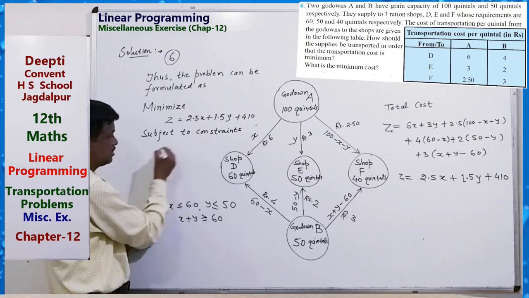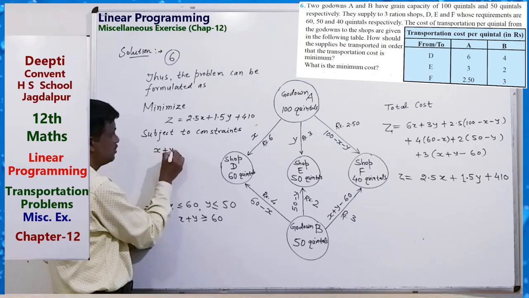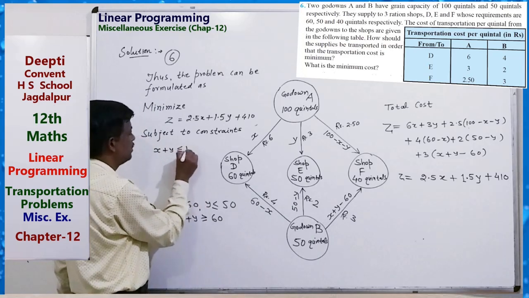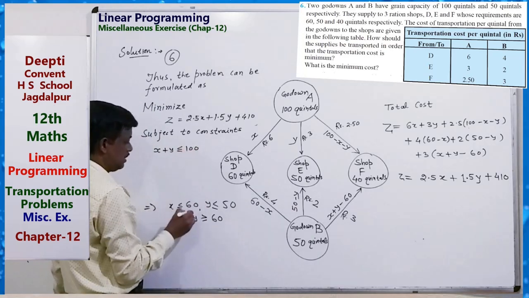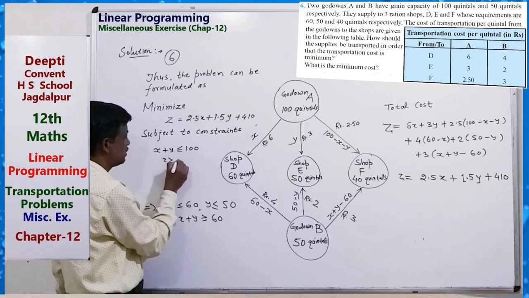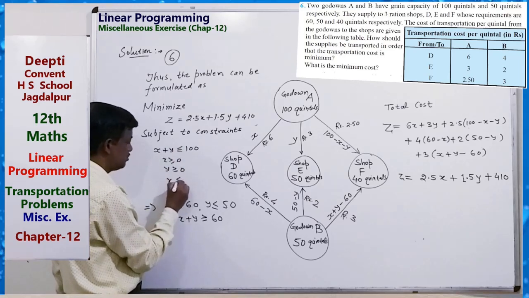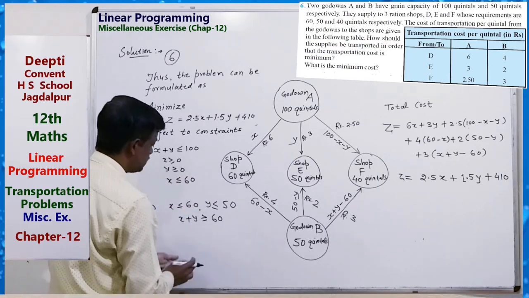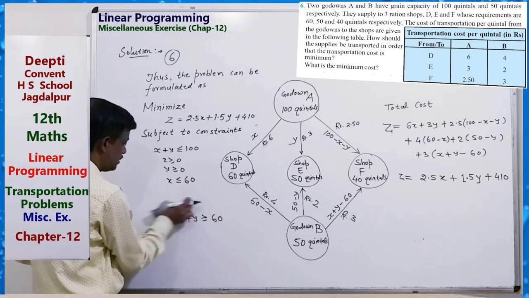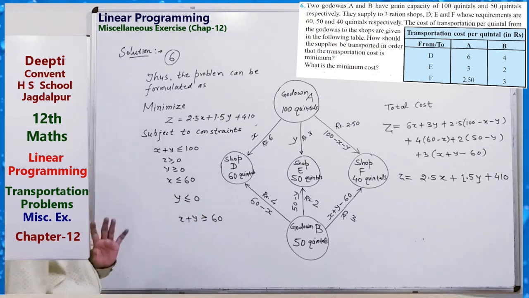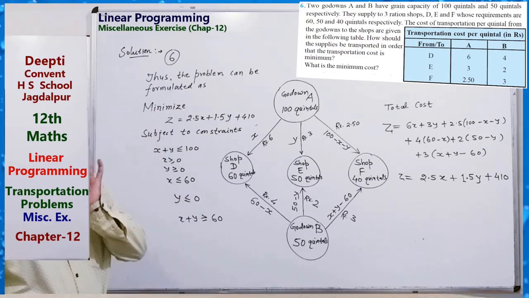First, x plus y is less than or equal to 100, and x greater than or equal to 0, y greater than or equal to 0, and then x less than or equal to 60, y less than or equal to 60, and x plus y is greater than or equal to 60. So these are the constraints.